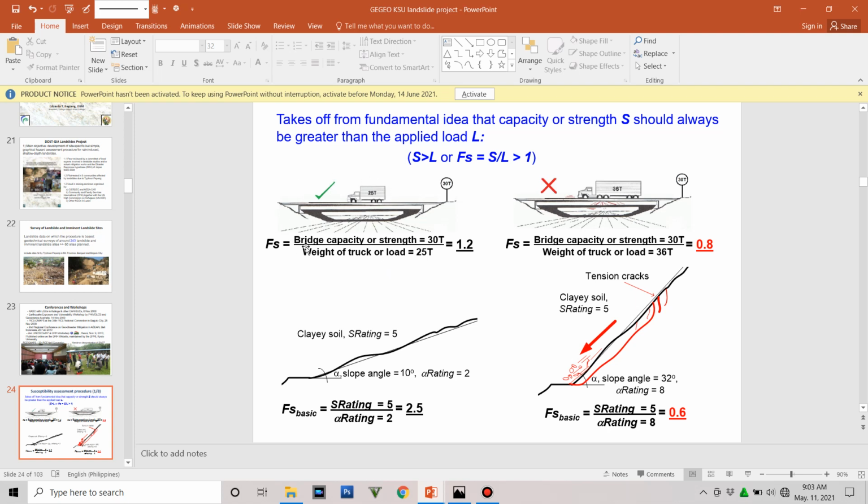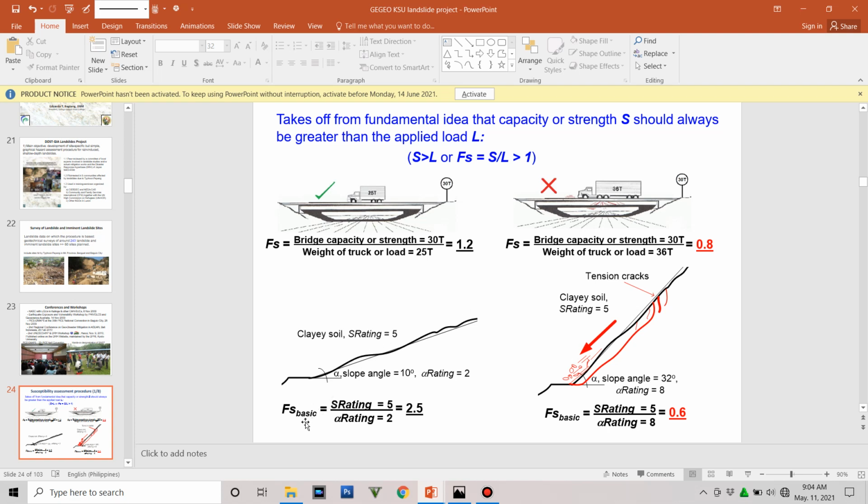In the first illustration, a bridge capacity or strength of 30 tons will have a factor of safety of 1.2 if the weight of the truck or load is only 25 tons. However, if the load exceeds the capacity, the factor of safety will no longer be feasible and implies danger. Okay.